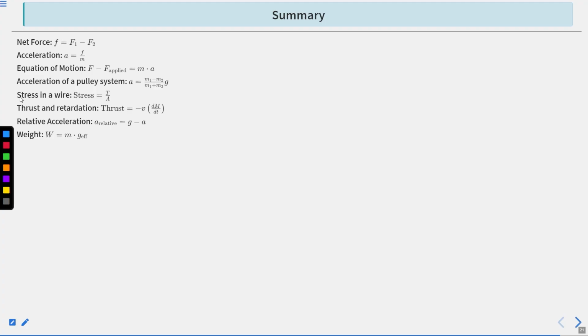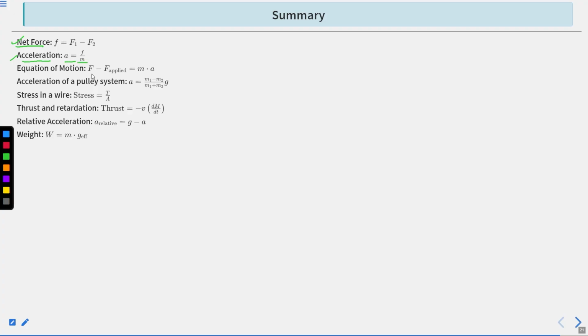Next, the summary. The major formulas used in this lecture: first, net force F equals F1 minus F2. Then acceleration a equals F by m.